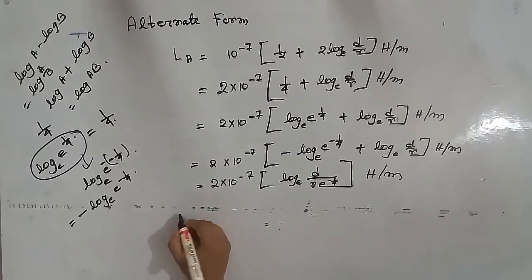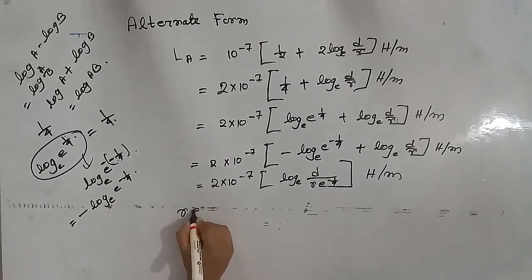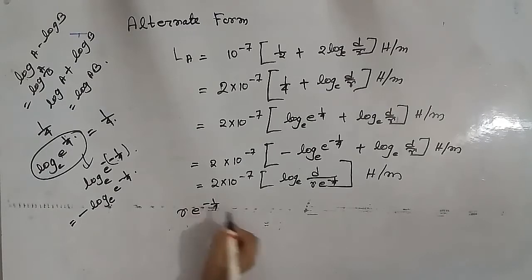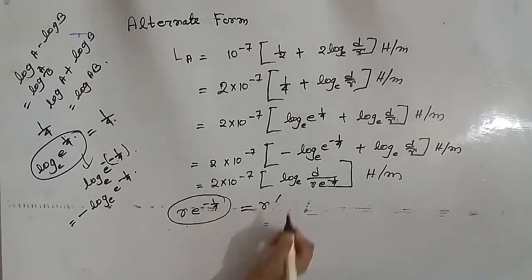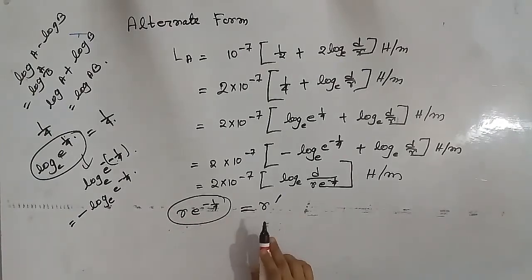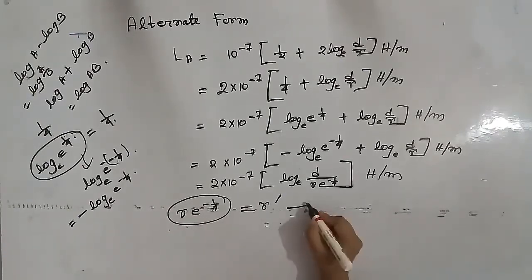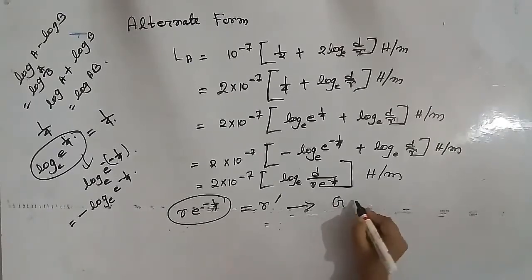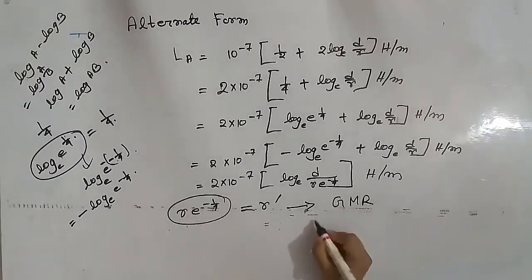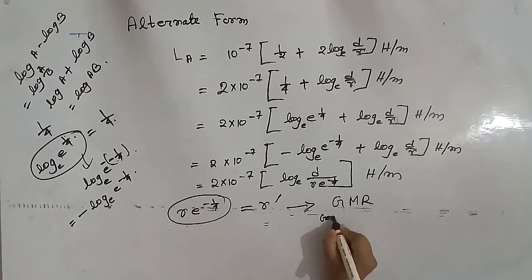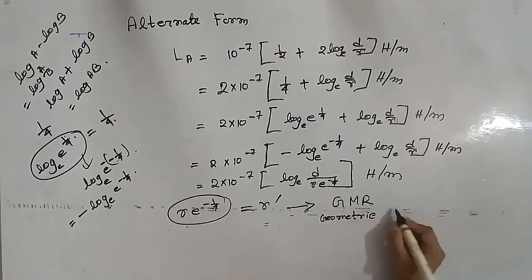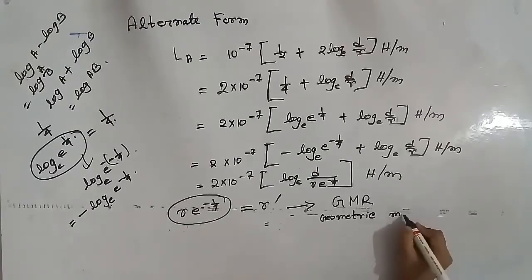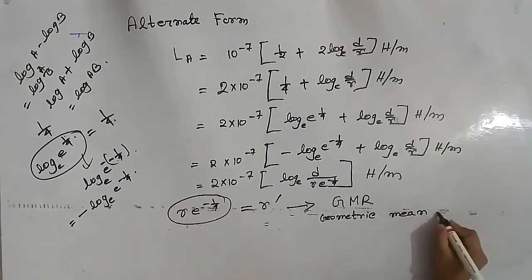Now this term r·e^(-1/4) can be denoted by r dash. This r dash is called the geometrical mean radius, GMR.